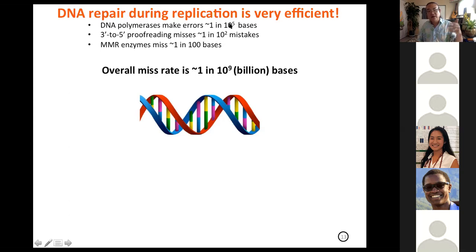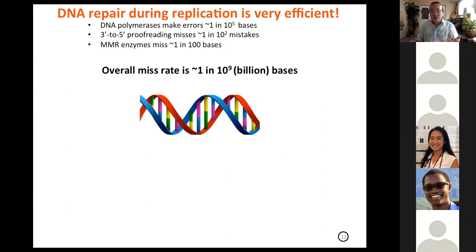So in reality, the overall miss rate of allowing a mismatched nucleotide to be part of the genome is about 1 in 10 to the 9, or about 1 in a billion bases. That sounds pretty good, but then you still have to think about how many base pairs the entire genome consists of, right?